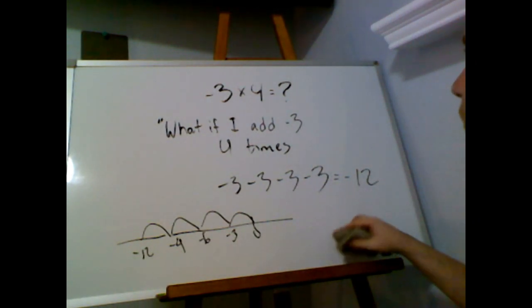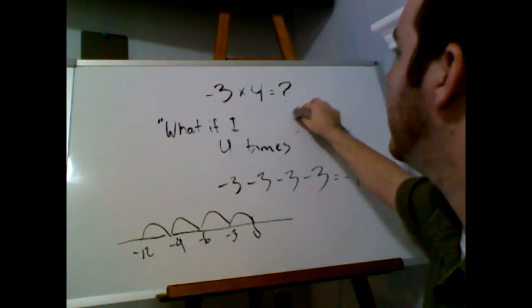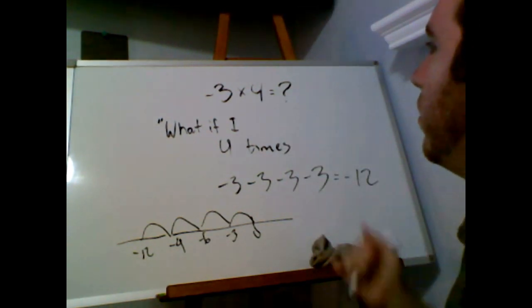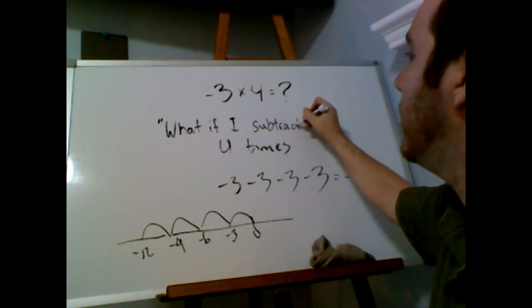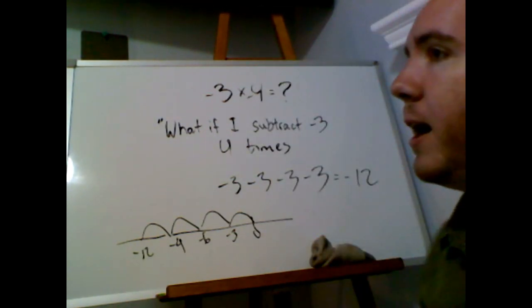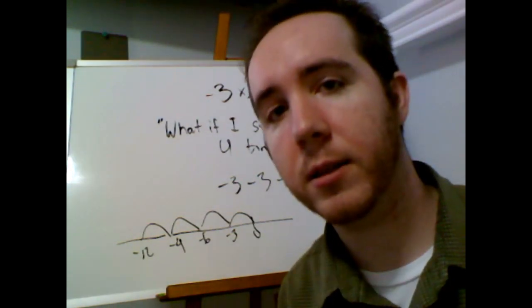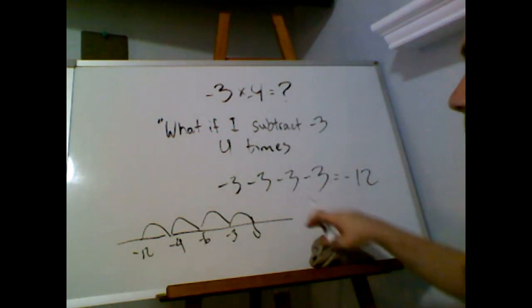So that goes to show that if I subtract negative 3 4 times, now my repeated operation is subtraction, and I'm performing it on a negative number.